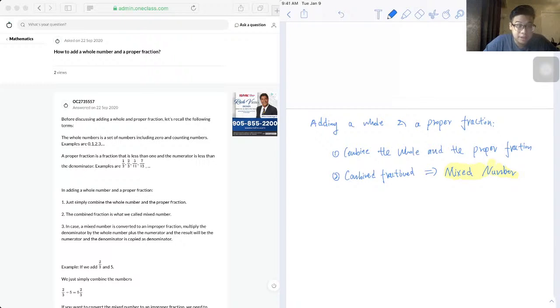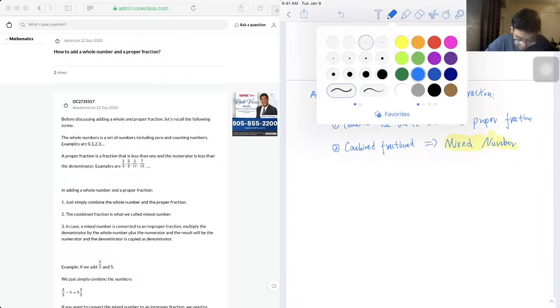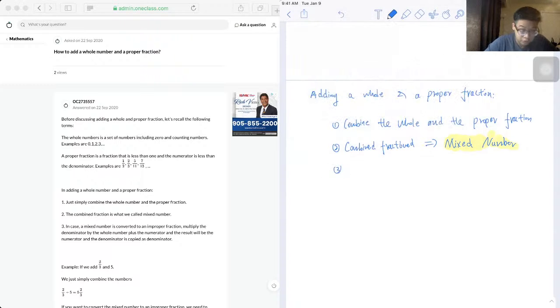In case a mixed number is converted to an improper fraction, multiply the denominator by the whole number plus the numerator, and the result will be the numerator and the denominator is copied as denominator. I'll write this sentence down first and then I'll use an example to explain.